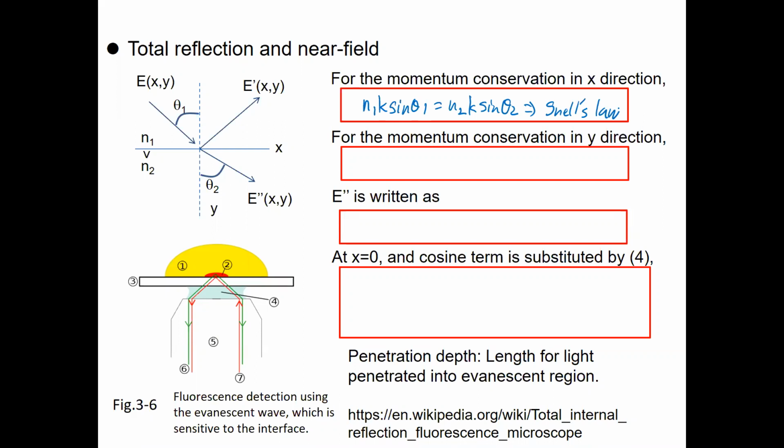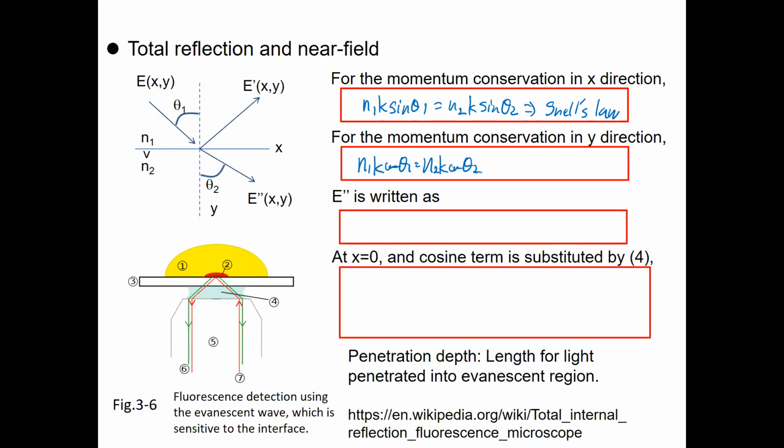But now thinking about the conservation in the y direction too. In the case of the y direction, n1 k cosine theta 1 equals n2 k cosine theta 2.